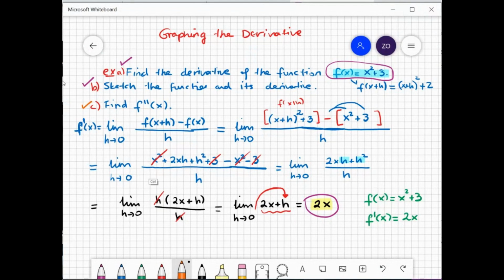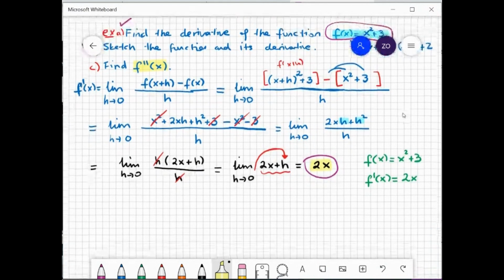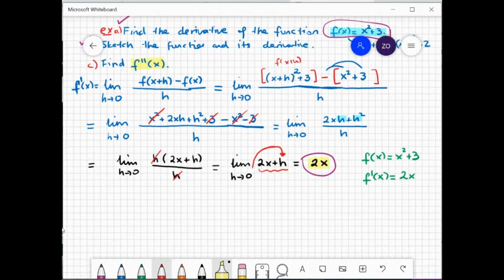So we talked about the second derivative of a function. How do we find the second derivative? That means just take the expression. We had found the derivative was 2x, and then we can apply the same formula to find the second derivative of f, which is going to be easy since 2x is not a complicated function.